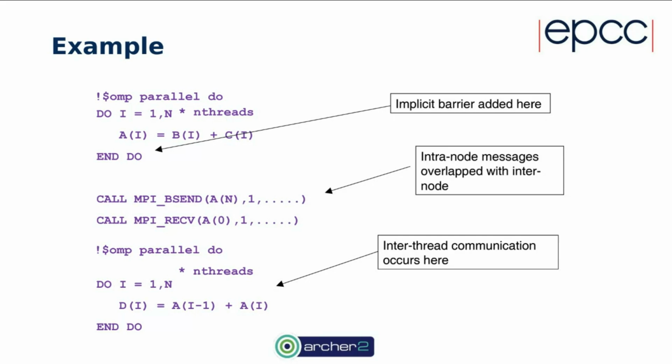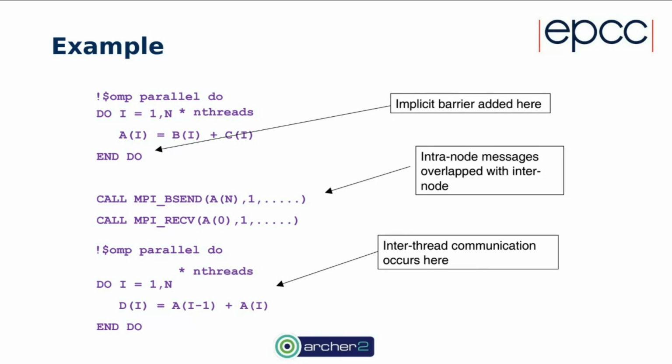If we have a one-dimensional decomposition, communicating with our nearest neighbor, and we assign contiguous MPI ranks to a node, which is normally what MPI will do by default, then most of those messages were intranode messages, and there's one internode message at the end of the node, and those were all basically overlapped.